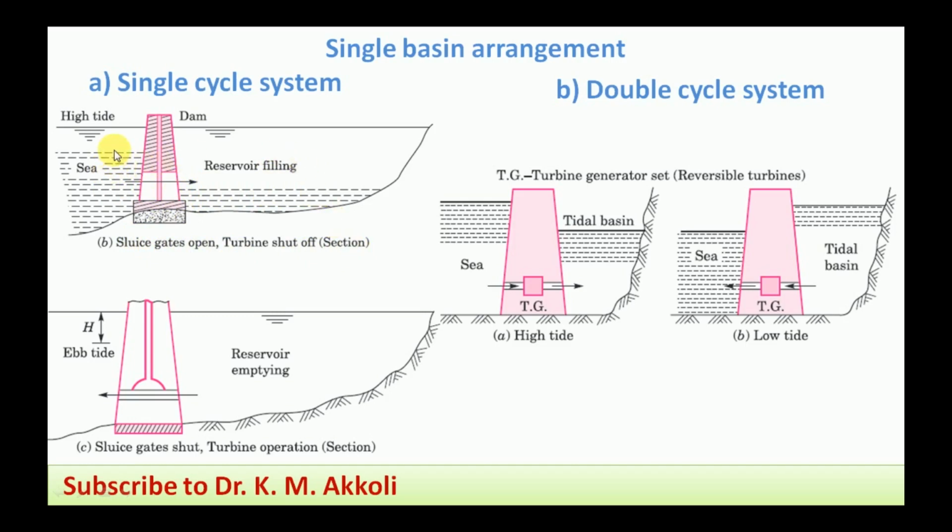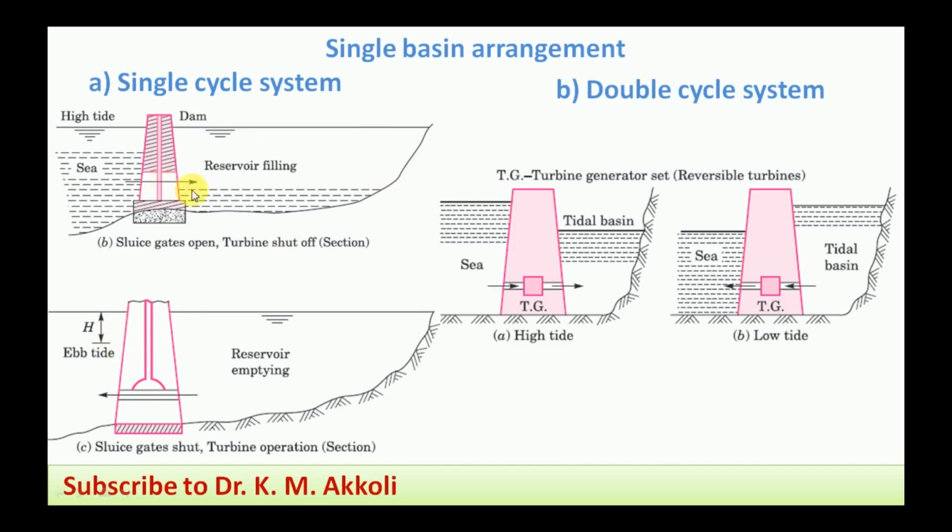During the high tide, the water enters from the sea to the reservoir through the sluice gate, and the reservoir gets filled. And when the low tide comes, the level of the sea water will be lower. The reservoir is already filled, and the tidal range head is available for the conversion of energy.